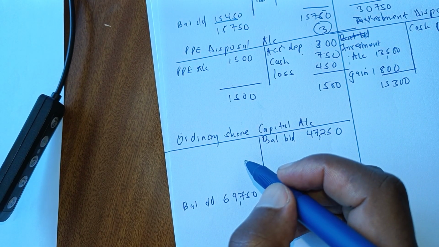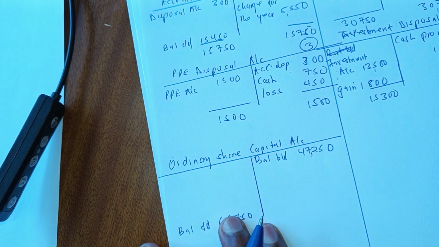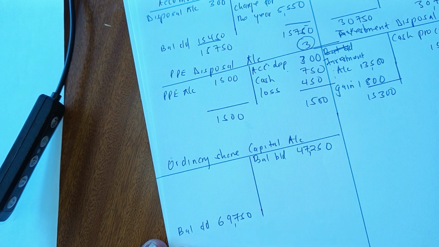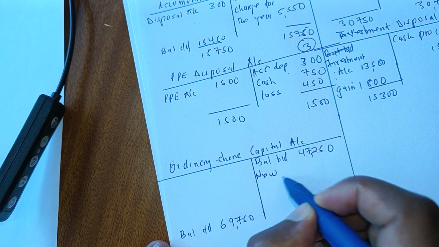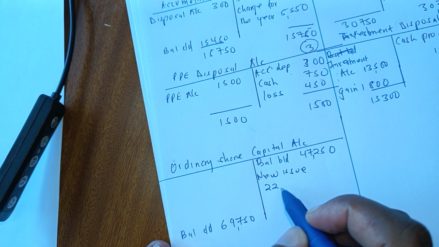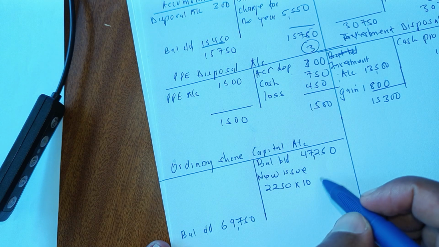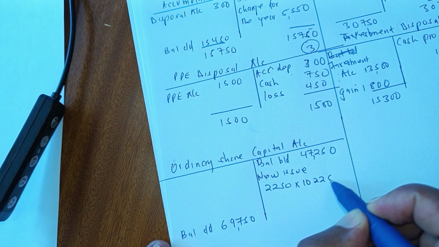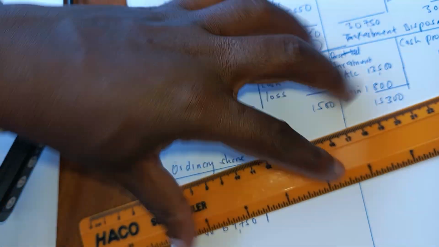They say the company issued additional 2,250,000 ordinary shares at 10 shillings per share. So new issue: 2,250 times 10 shillings, we're going to get 22,500.